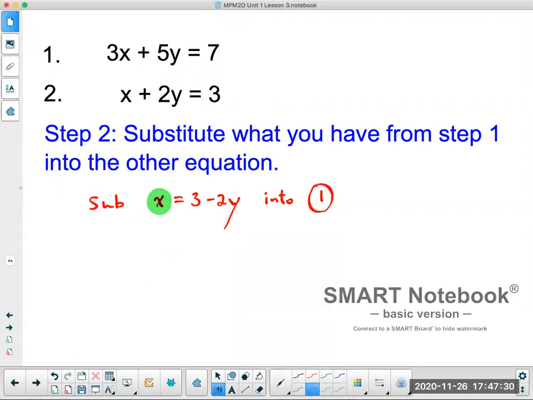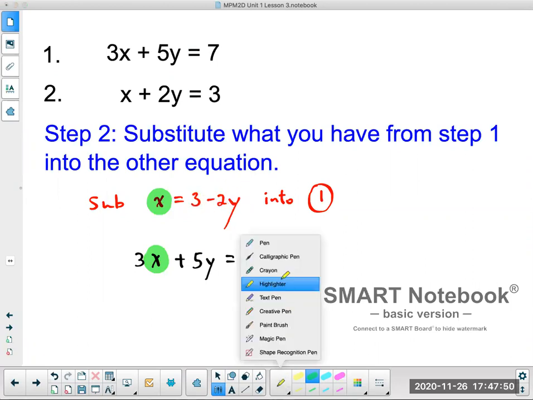Now, what's the first equation? The first equation is 3x plus 5y equal 7. And what you're doing here is you're substituting the x in for this x. So instead of writing x, you're going to replace it with 3 minus 2y.